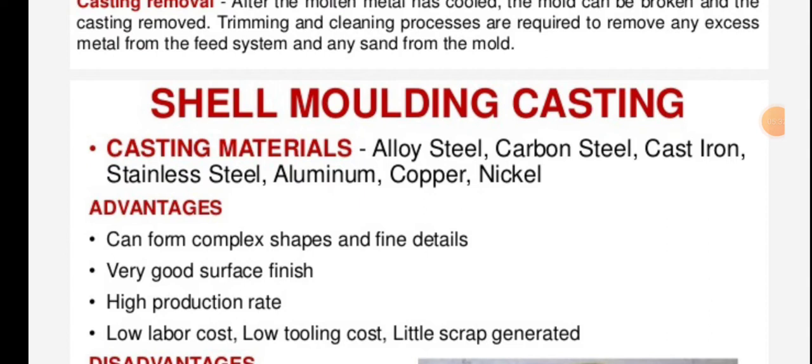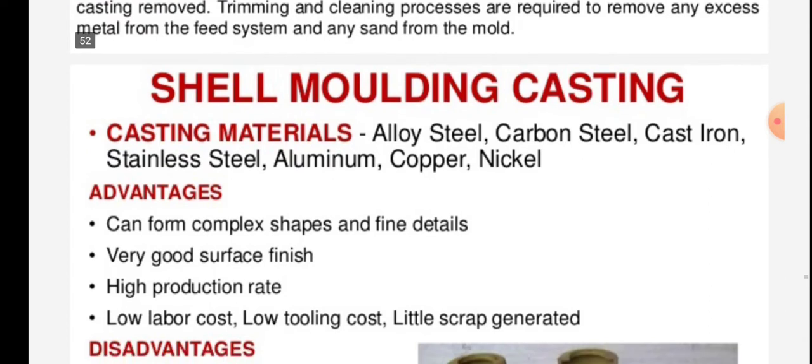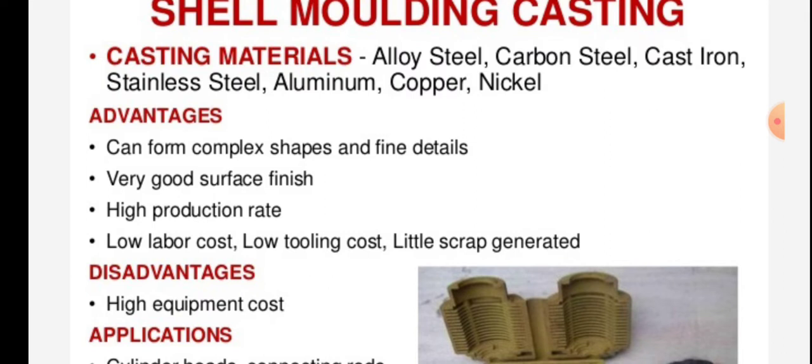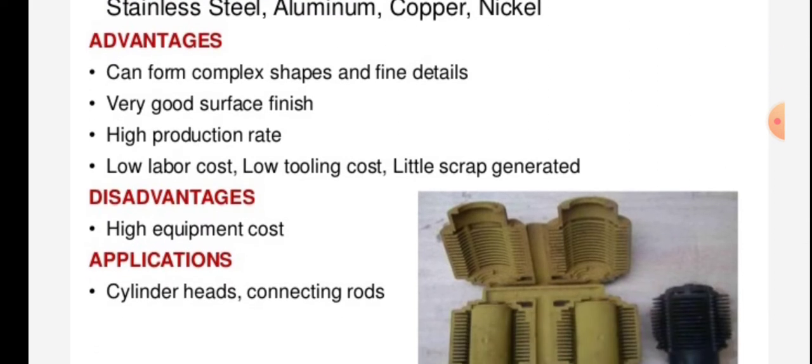Casting material: alloy steel, carbon steel, cast iron, stainless steel, aluminum, copper, and nickel. Advantages: can form complex shapes and fine details, very good surface finish, higher production rate, low labor cost, low tooling cost, little scrap generated.